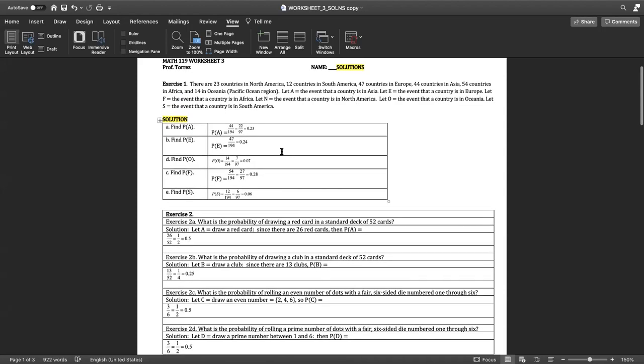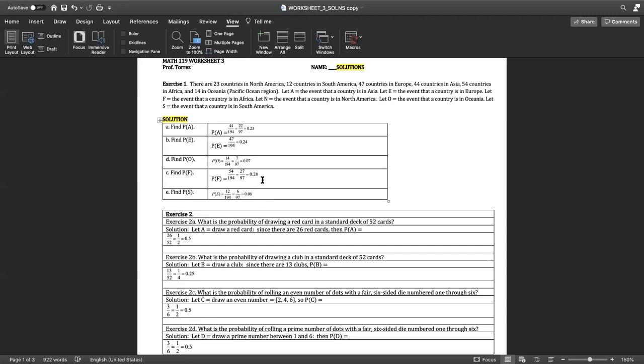Good catch. Okay. Yes, I just did the sum, and you're right. 0.23 plus 0.07 is 0.3. If you add that to 0.24, you get 0.54. And 0.54 with 0.06 gives us 0.6.